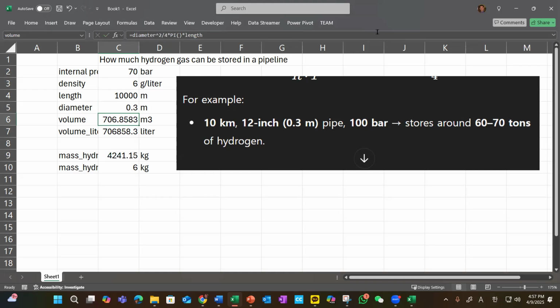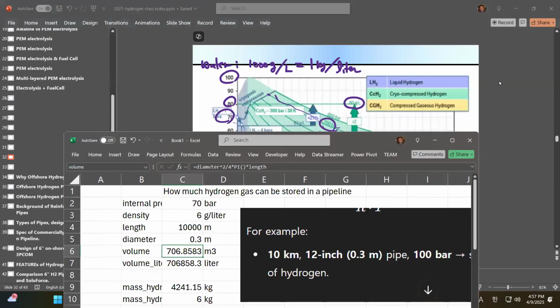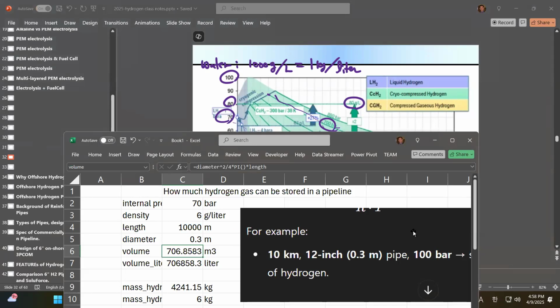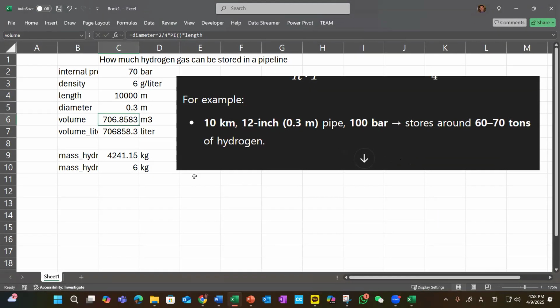Now 100 bar, we need a density. 100 bar is about here. So density will be about 10. Okay, just approximations. So density will be 10.